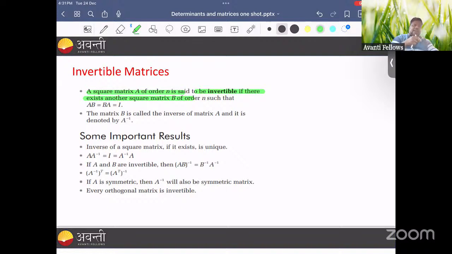That means A and B are inverse of each other. Am I clear?